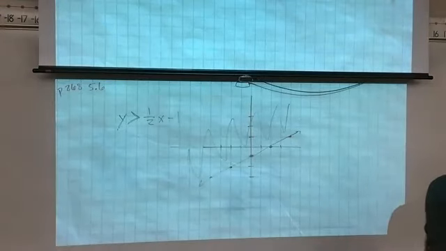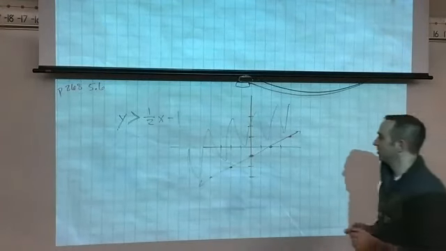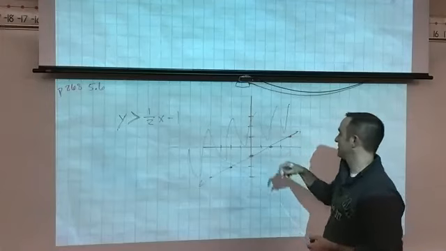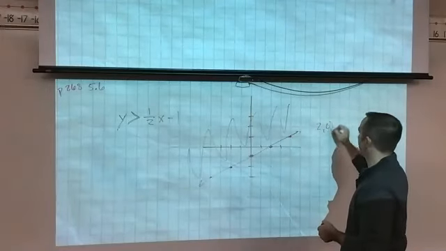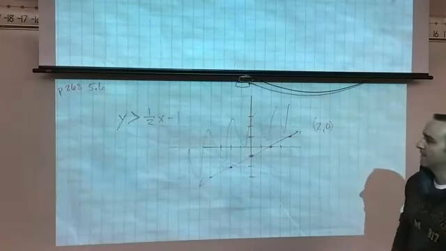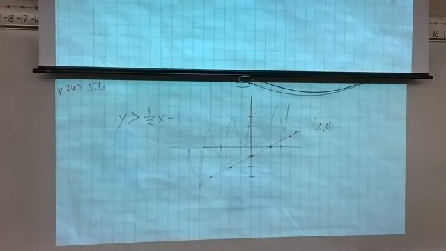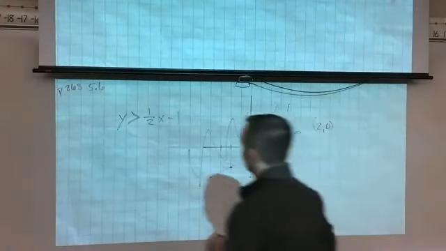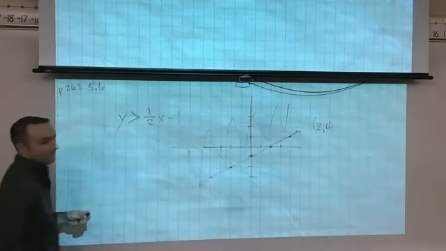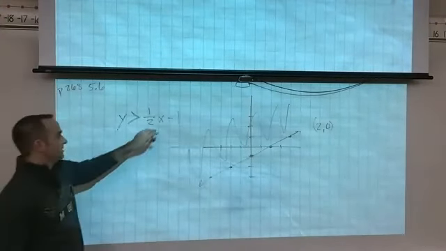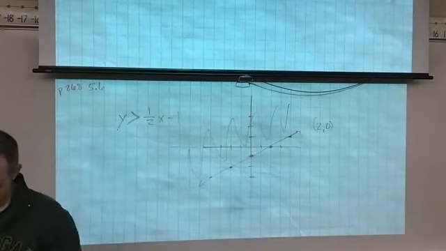Now, one thing that we've got to be careful of here. I want you to look at the point 2, 0. If I plug in 2, 0, is 2, 0 going to be a solution? Somebody type something.